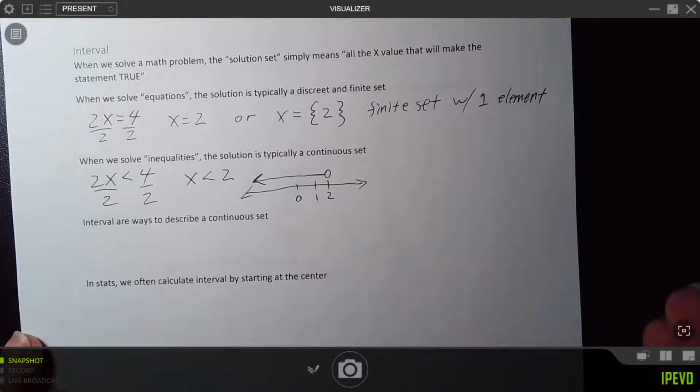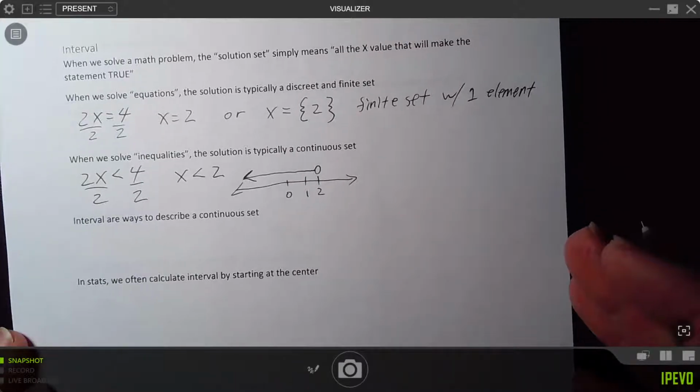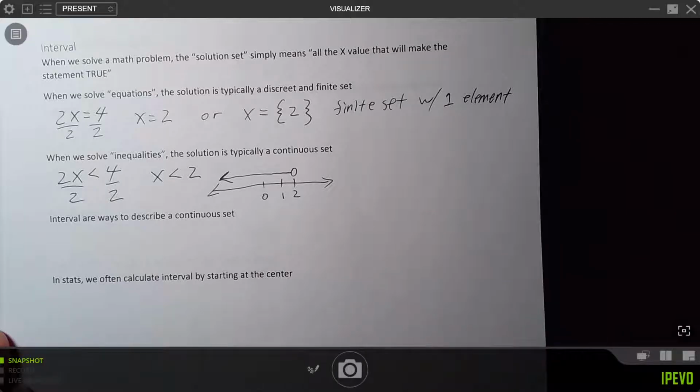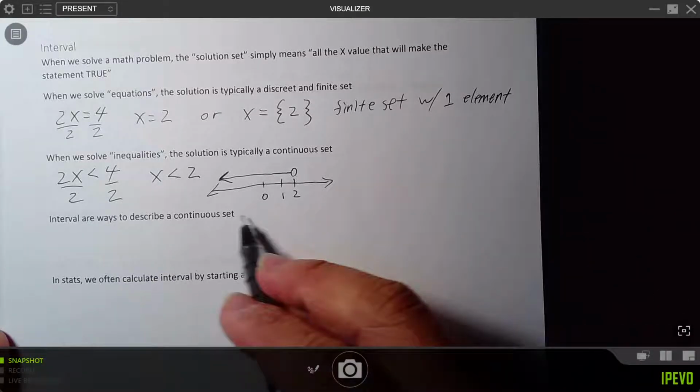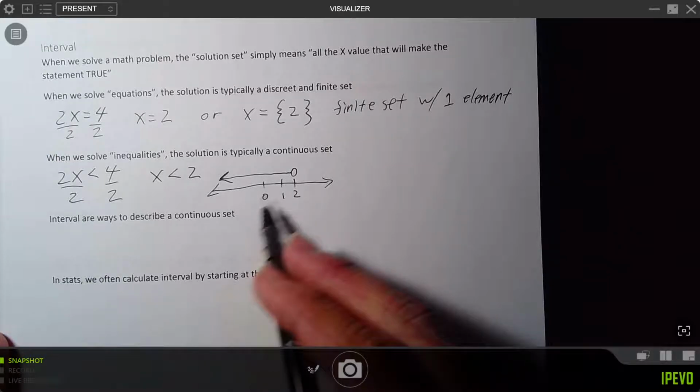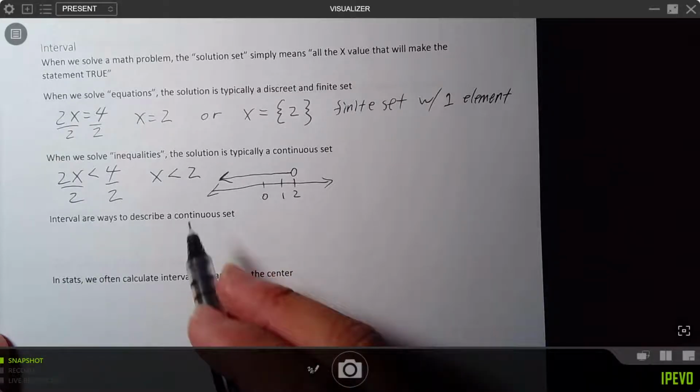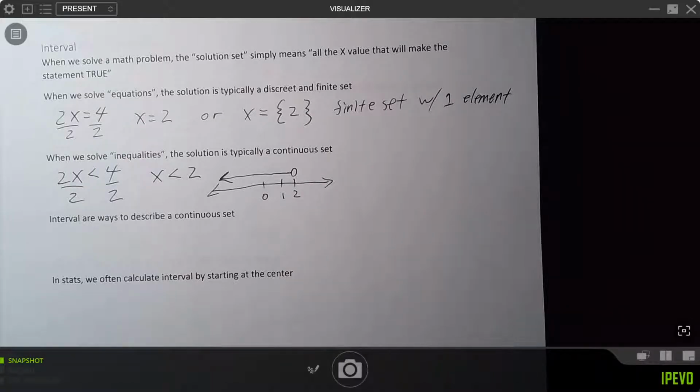However, we just want to get used to writing sets, writing continuous sets. So graphically, we can see it like this. But if I don't want to graph it, how do I express the same thing in terms of a set?